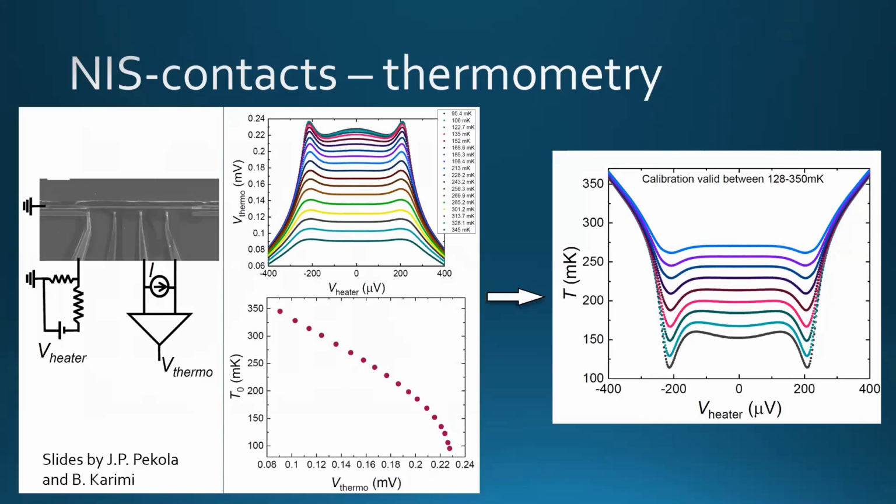So these are some typical structures that I used in the PICO group. First of all, on the right-hand side, you can see how this thermometry is done, the measurement setup. We have four tunnel NIS contacts and two superconducting banks with clean contact.